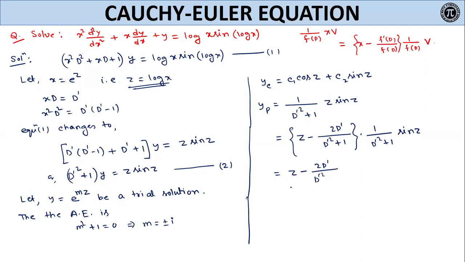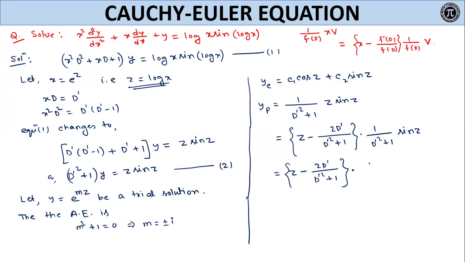Now in this part, this is sin z, that means trigonometric, and in the trigonometric case we have to write minus a square in place of d dash square. Here a is equal to 1, that means we have to write minus 1, and if you write minus 1 you are getting 0 on the denominator. So what is the process? Just multiply and then differentiate the denominator.